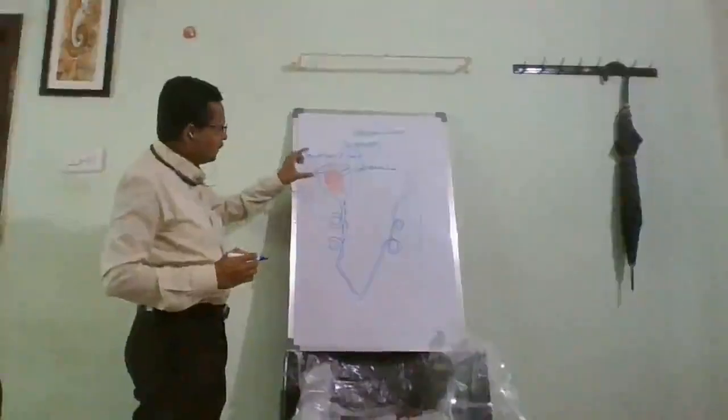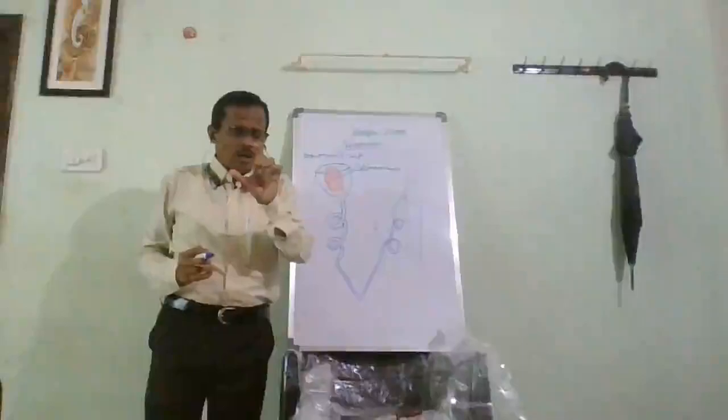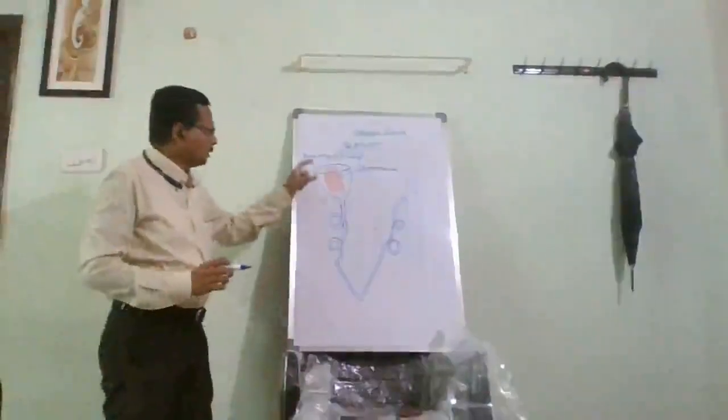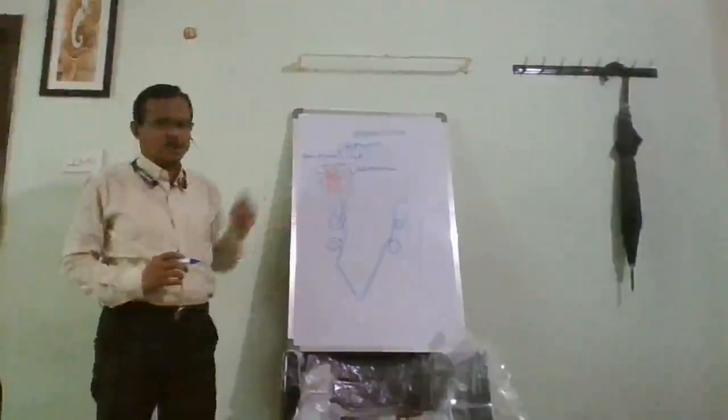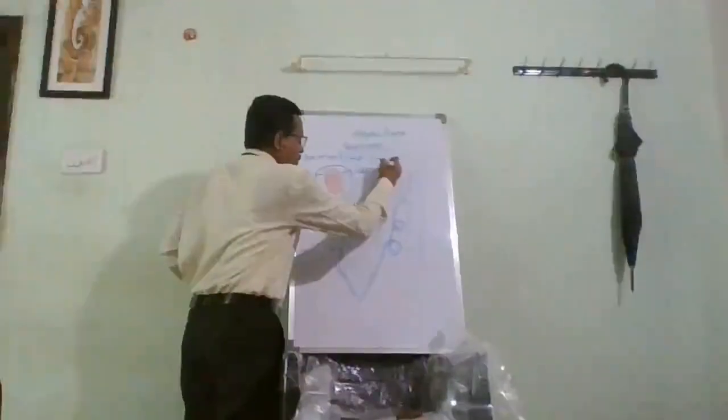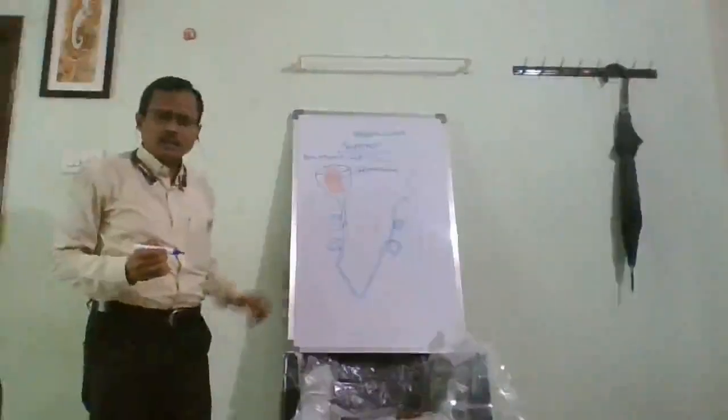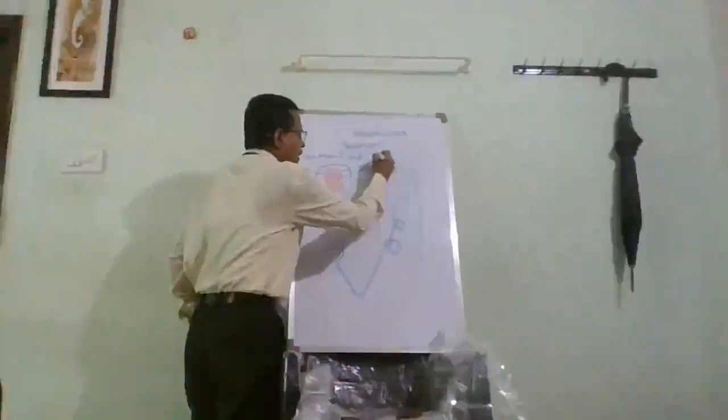Here we end up with the concept of Malpighian capsule, limiting the Malpighian capsule to Bowman's cup and glomerulus. So Bowman's cup and glomerulus constitute the Malpighian capsule.